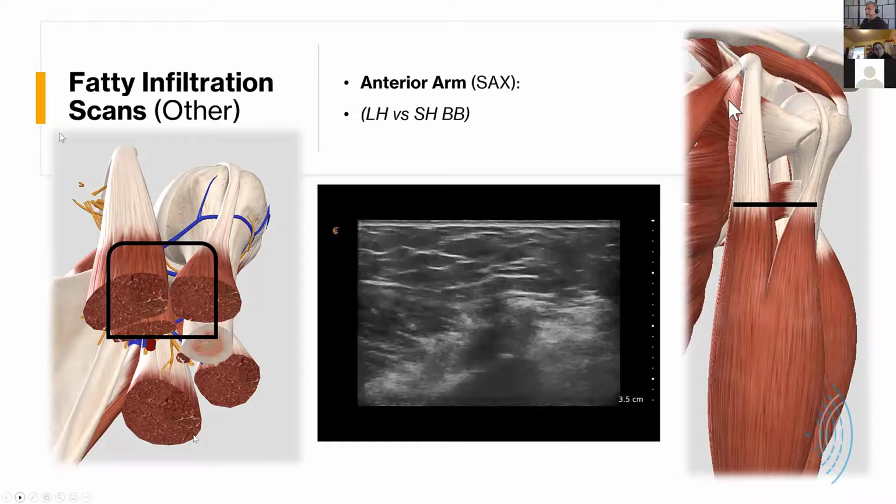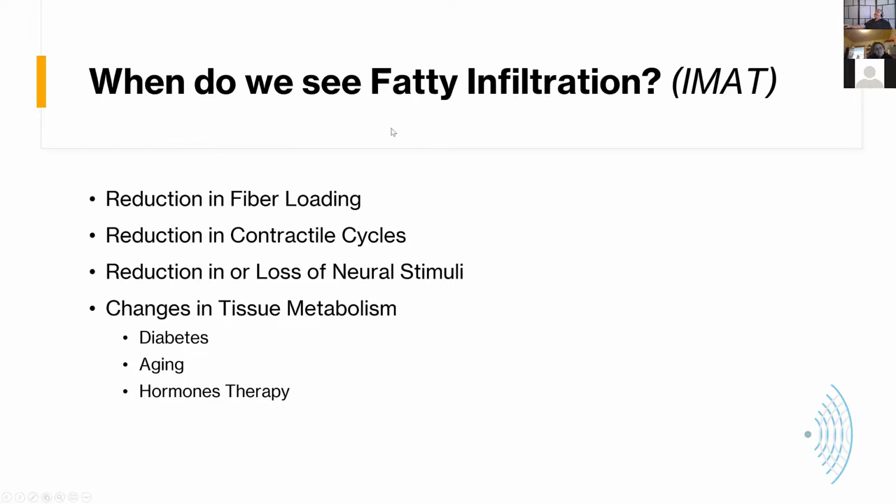Now, let me see if I can go on to these structures here. What do we see? When do we see fatty infiltration? When there is a reduction in fiber loading. To those of us that are physical therapists, that makes sense. When fibers do not get overloaded to develop hypertrophy, the opposite of that is that fibers will start to receive fatty infiltration. When there's a reduction in contractile cycles, meaning that somebody is used to moving that muscle frequently, and we've aggressively reduced those cycles, fatty infiltration will start to go into that.